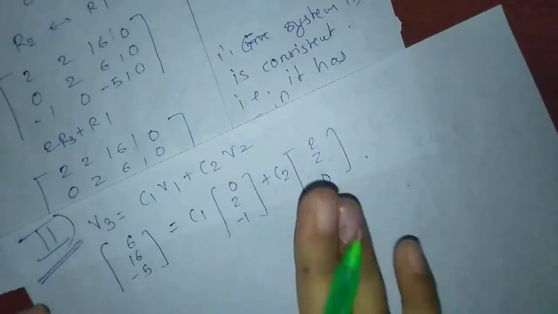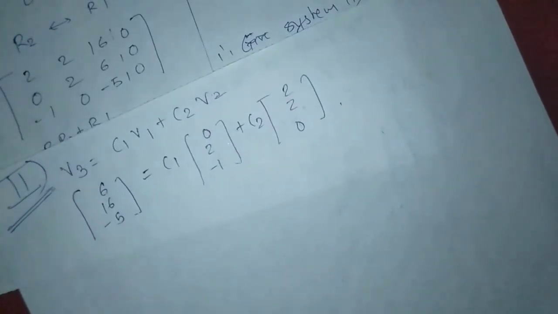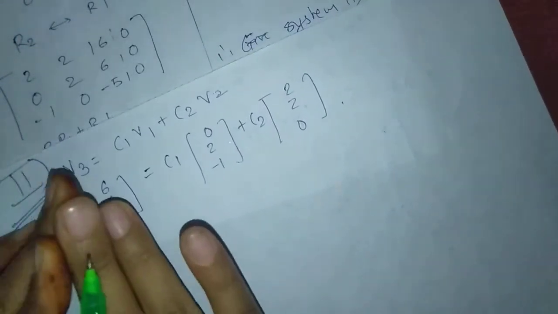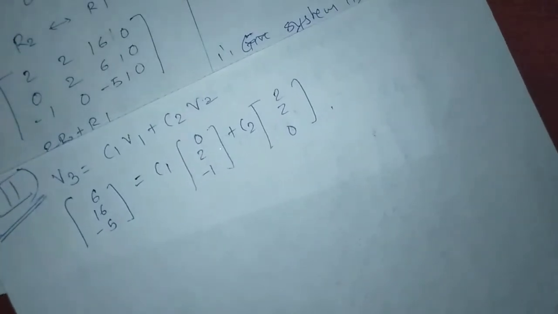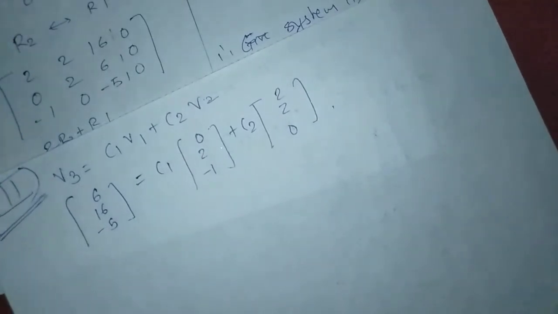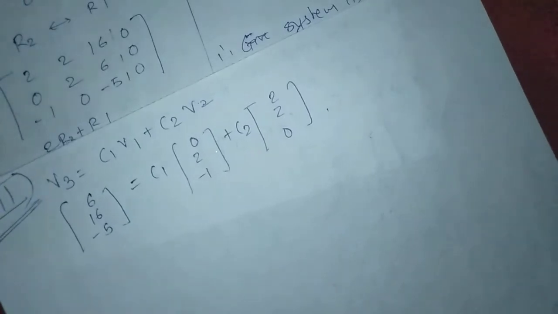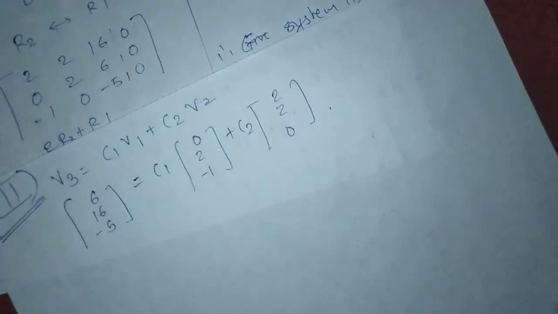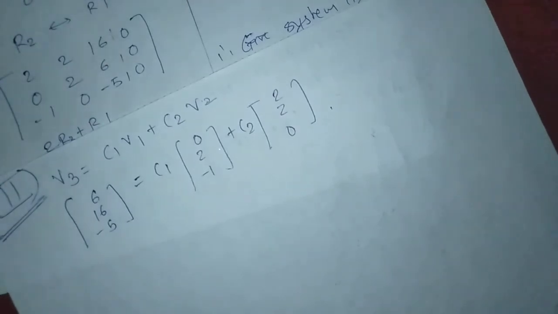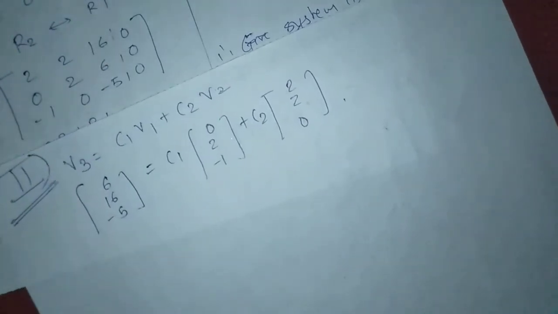Now calculate c1, c2. If we get values of c1, c2, then we can say that v3 is a linear combination of v1 and v2. That means the set v1, v2, v3 is linearly dependent, because if any vector is a linear combination of other vectors, then that set of vectors is linearly dependent.